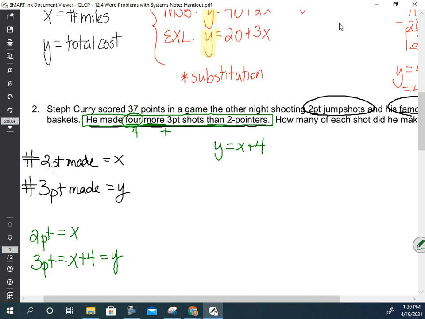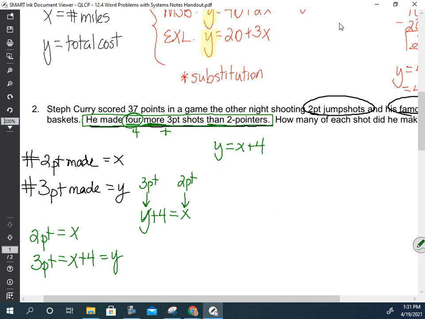Suppose we switch these. You have Y plus 4 equals X. Remember, Y is the number of 3-pointers, and X is the number of 2-pointers.